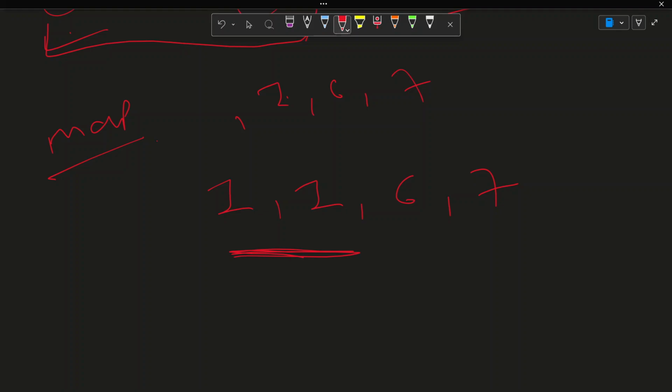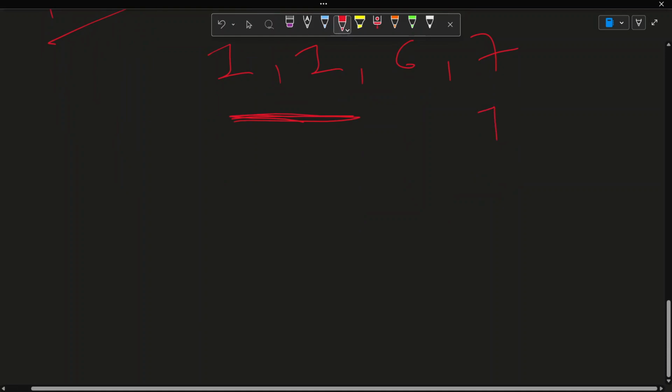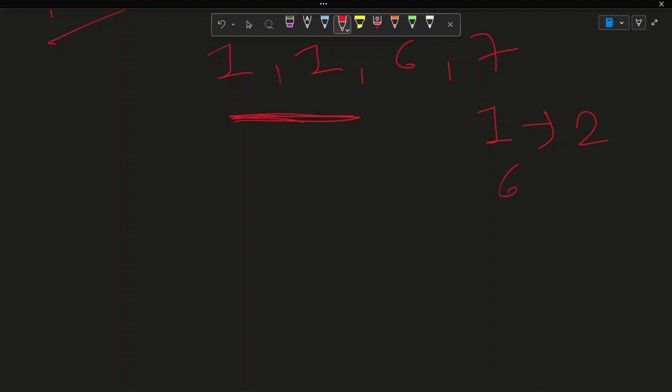So for 1, frequency 2 is available, for 6 only one frequency is available, and for 7 only one frequency is available. But how do we use these frequencies in our final answer?